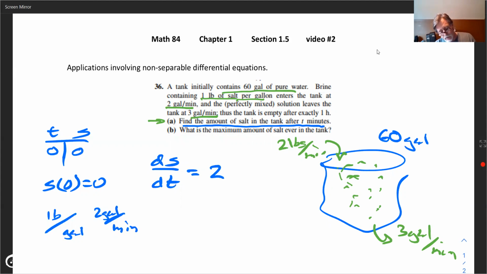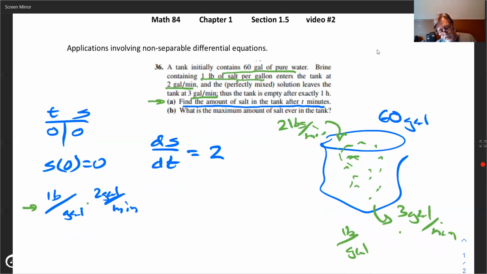What we had over here was 1 pound per gallon times 2 gallons per minute. I want to have so many pounds per gallon times 3 gallons per minute over here. That's going to be the rate going out. You're losing that salt because it's draining away, so that has a negative effect on the amount of salt.